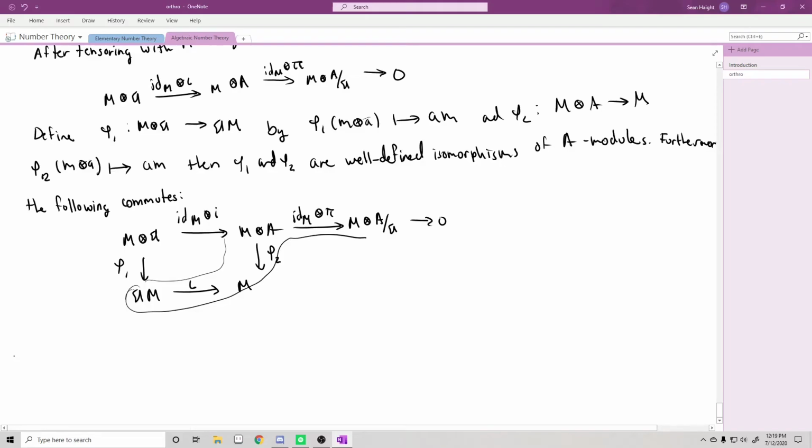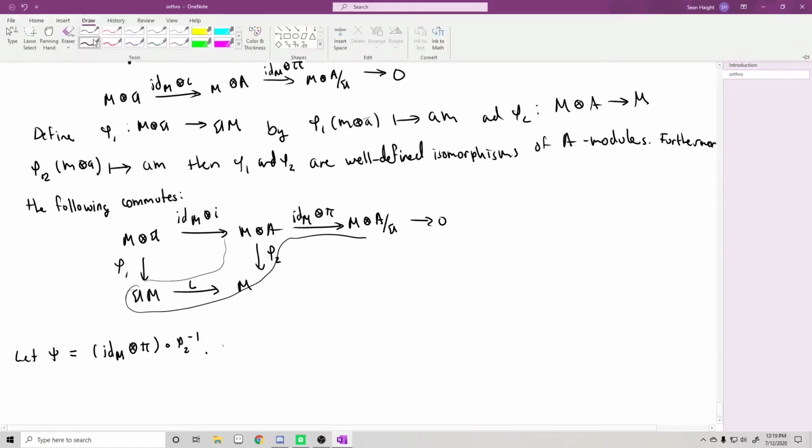So in more words, I'm going to let psi be id_m tensor pi composed with varphi2 inverse. So it's go backwards and then go to the right.